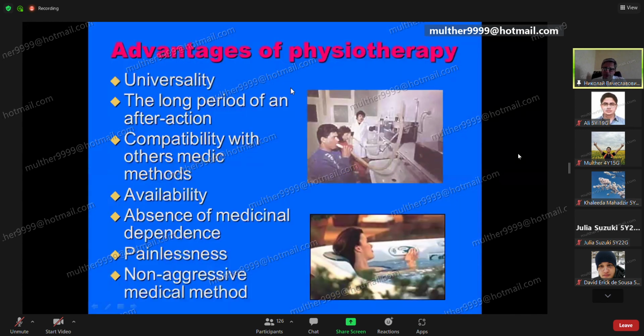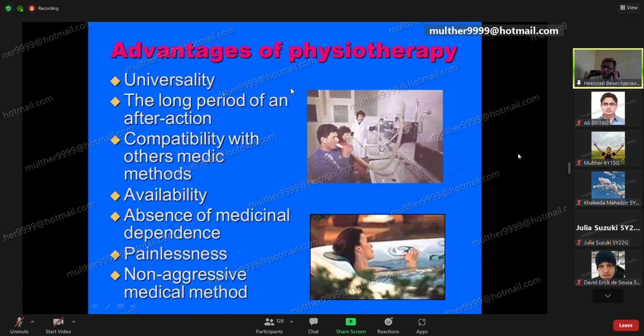Now I'll enumerate the main advantages of physiotherapy as an independent discipline, in comparison with other methods of treatment of modern diseases. Methods of physiotherapy can provide a universal effect, despite the mechanism of etiological factors, mechanism of affections.